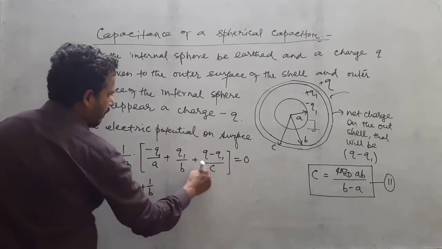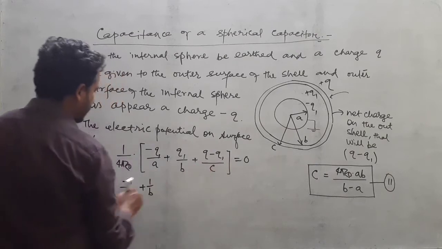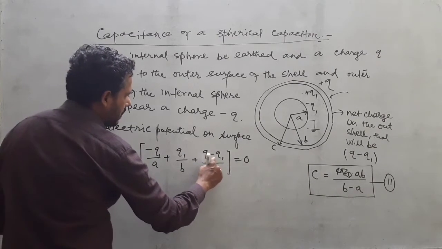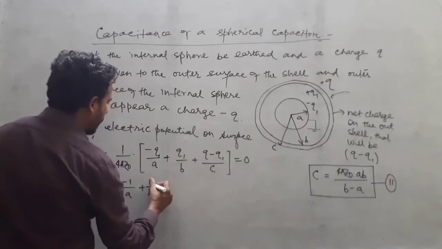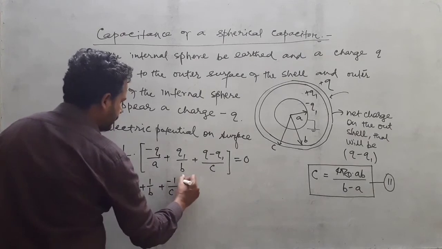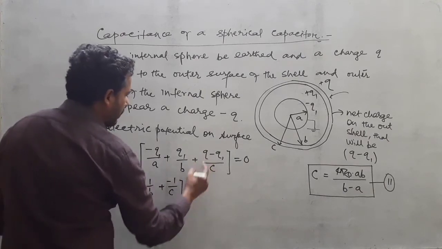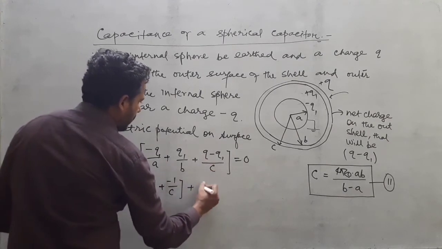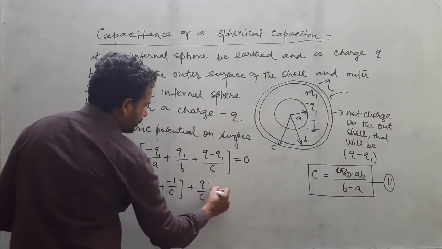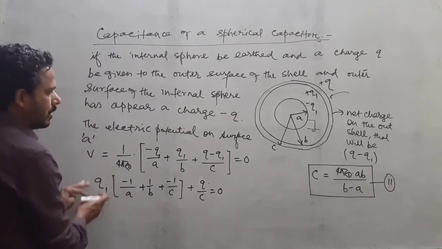From here you have to take Q1 outside, so you will get minus 1 by c, and then plus Q by c is equal to 0. You have to find this Q1.